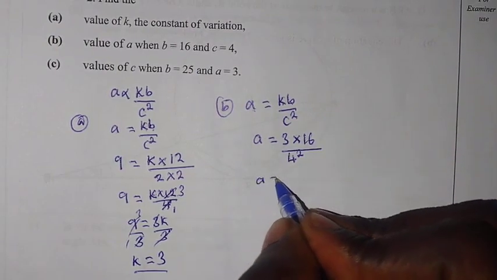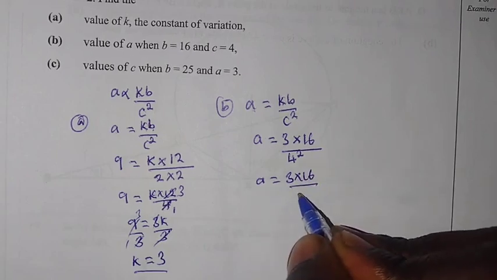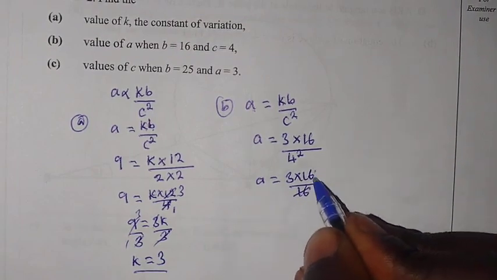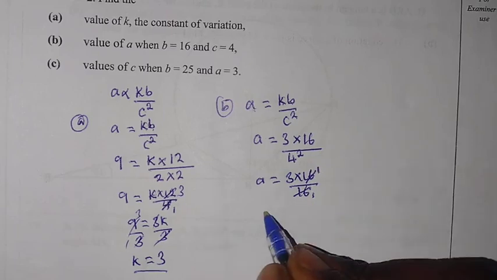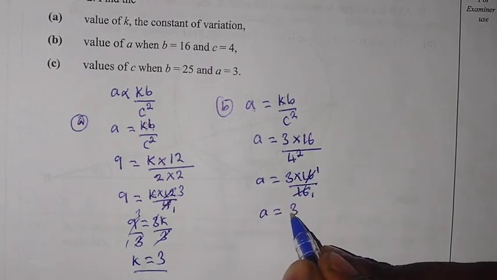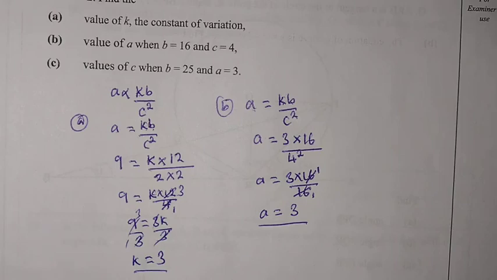This gives a equal to 3 times 16 over 4 squared, meaning 4 times 4, which is also 16. So we can cancel the 16s, leaving 1 and 1. So a equals 3 times 1, which is 3. So a is equal to 3.